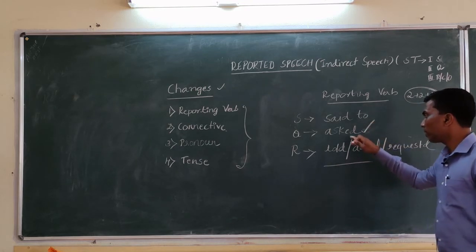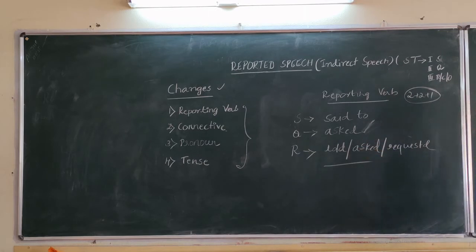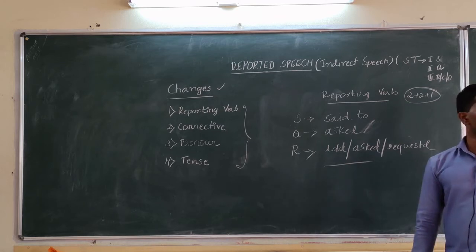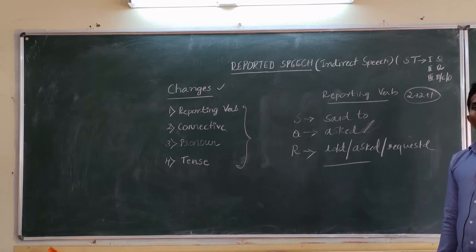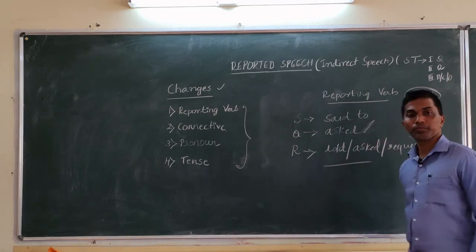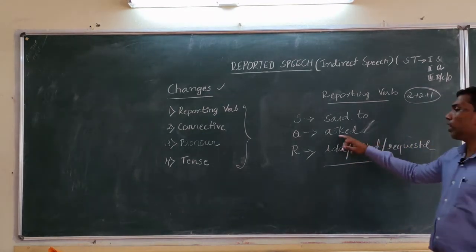This is the only one that I want to suggest. Asked is the verb. When there is a question, it doesn't matter whether it's a yes-no question or a WH question, it doesn't matter at all. What matters is the sentence type. So it's a question. Question means you can't use said to. You have to go for asked.